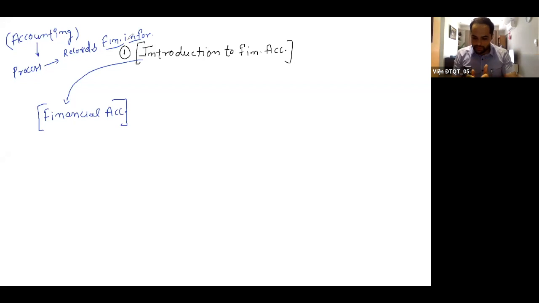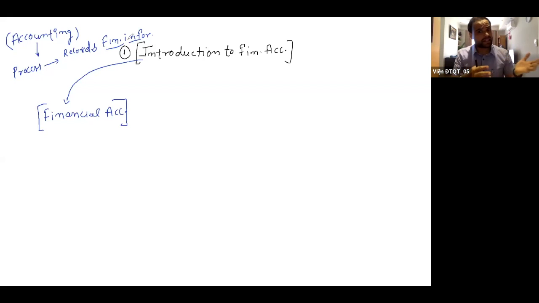The people outside the organization get information through the financial accounting system. So in simple language, financial accounting provides information to external users, and management accounting provides information to internal users. Financial, external; management, internal. All right, that's the difference.